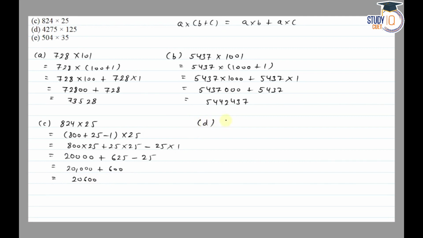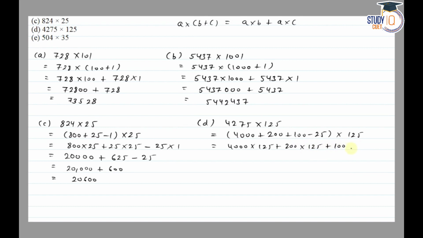Part D is 4,275 into 125 is equal to. So हम ब्रेक कर लेंगे 4,275 को 4,000 plus 200 plus 100 minus 25 into 125. By using distributive property, 4,000 into 125 plus 200 into 125 plus 100 into 125 minus 25 into 125.